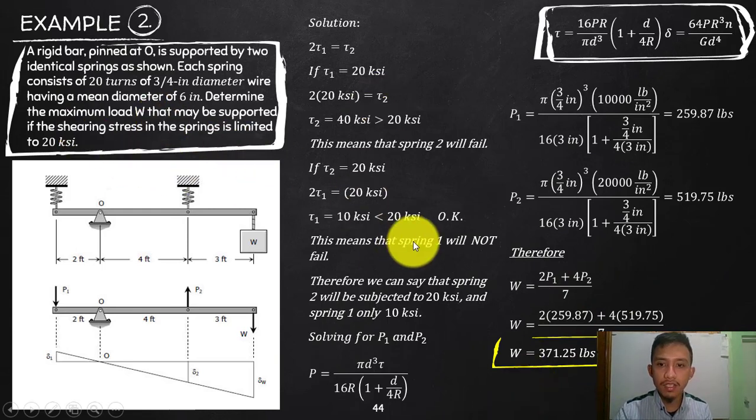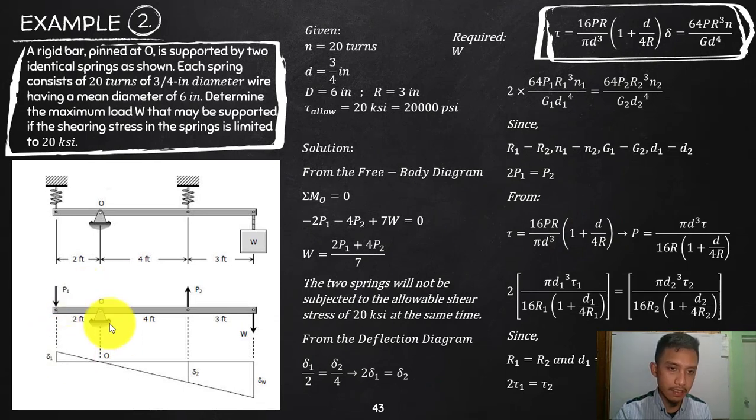Actually the challenge here is the analysis. First and foremost, you should know how this system will behave. If that will be loaded, of course, that is compression. So I'd rather assume a compressive reaction, because if you cut this one and assume a tension, it's okay, no problem with that.